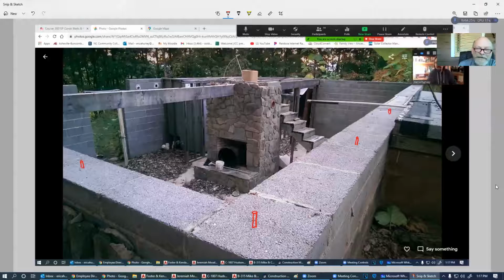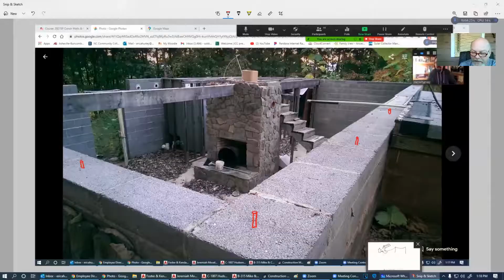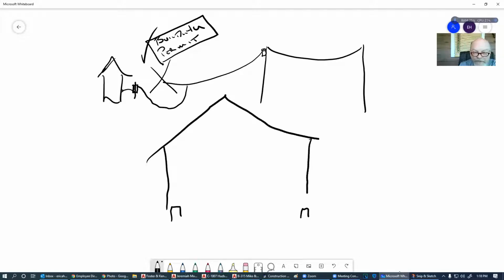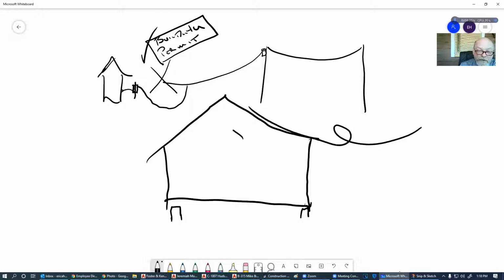The house literally is setting on top of the foundation, meaning here's the foundation and the house is setting on top of this, and it's not connected. It's not tied to the foundation at all. So if this hurricane that we had this past fall had come through here, whew, this house would have been gone probably.